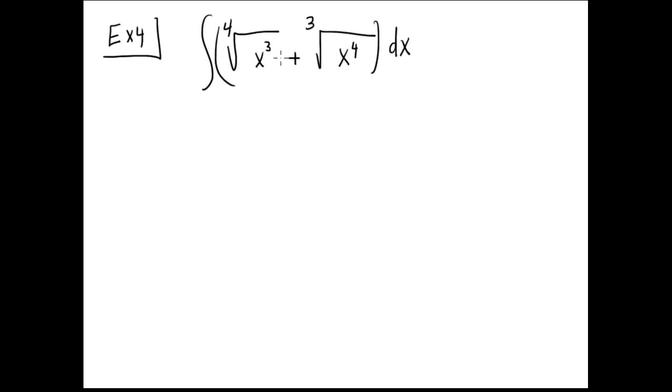This is very similar. You separate into integrals, and now you take advantage and convert the radical notation to fractional exponent. This is equivalent to x to the 3 over 4. This 4 is this, and this 3 is this. The index of the radical is the denominator number.